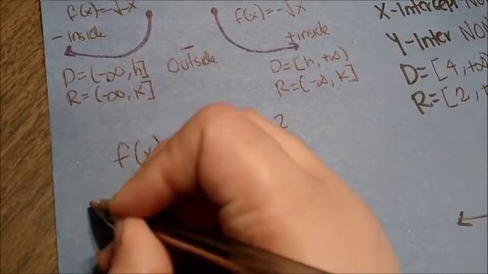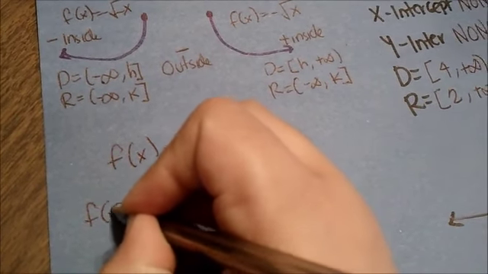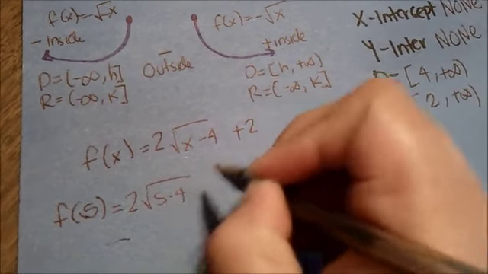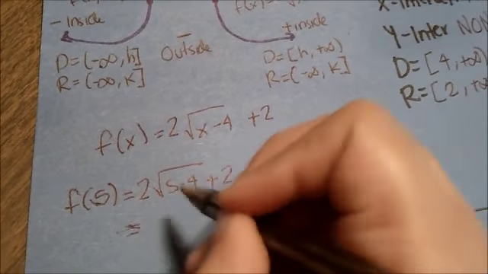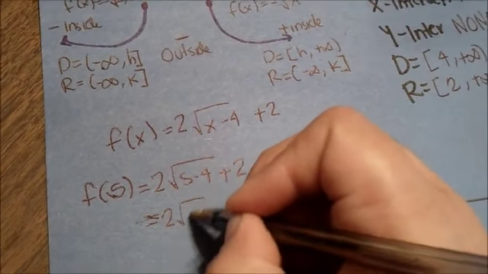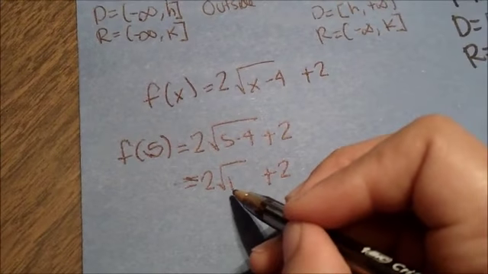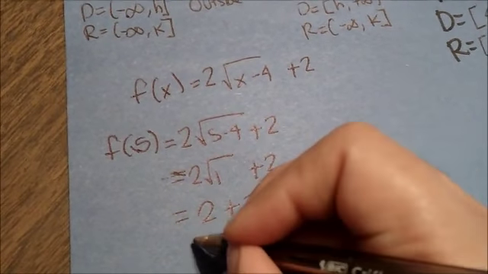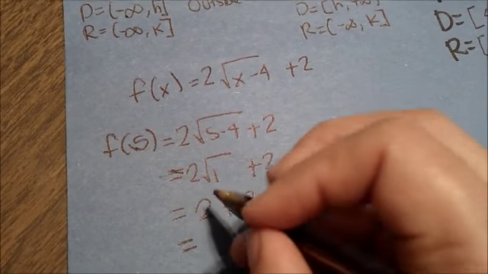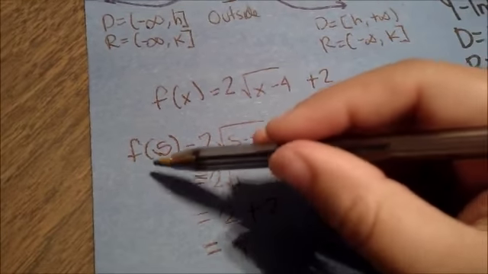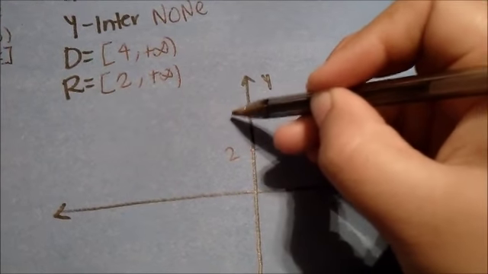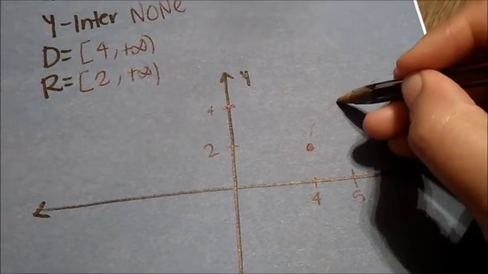I'm going to use 5. It's going to be f of 5 equals 2 radical of 5 minus 4 plus 2. 5 minus 4 is radical of 1, plus 2. Radical of 1 is 1, times 2 is 2, plus 2. So when x equals 5, my y equals 4. So here it's going to be 4. It's here.